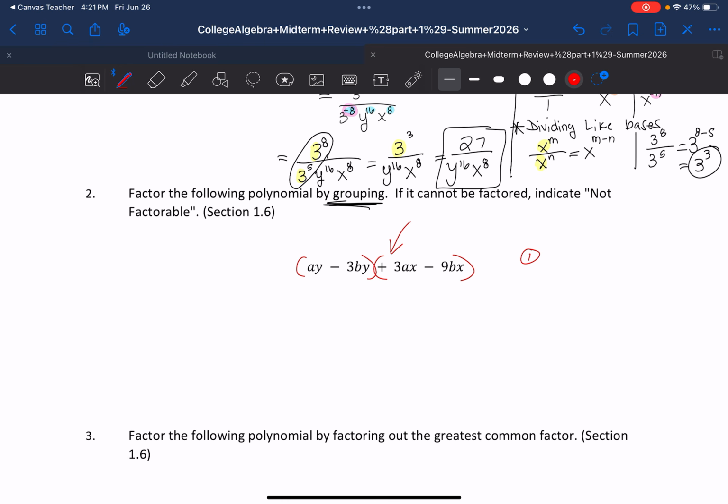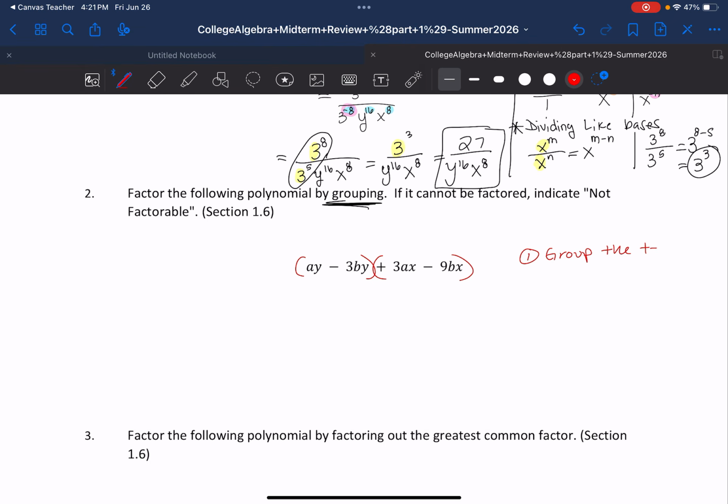So if the second group starts with a negative, you would want to factor out a negative from that group, always. So step 1 is to group the terms. So you group the first 2 terms, and then you group the second 2 terms using parentheses.